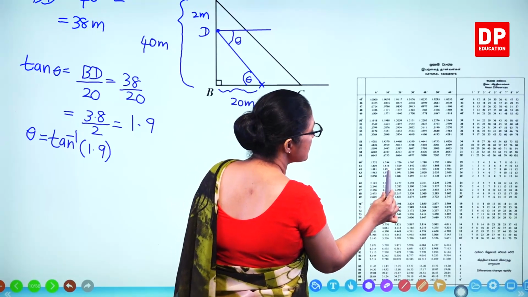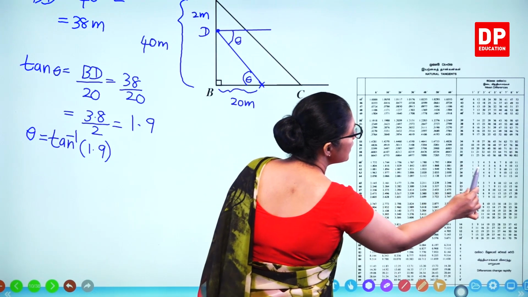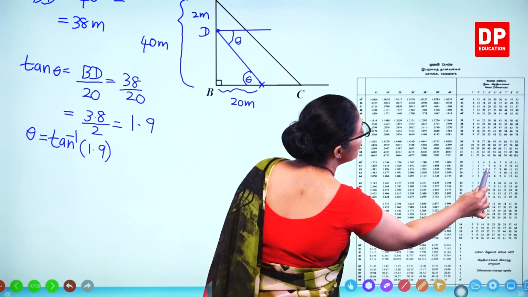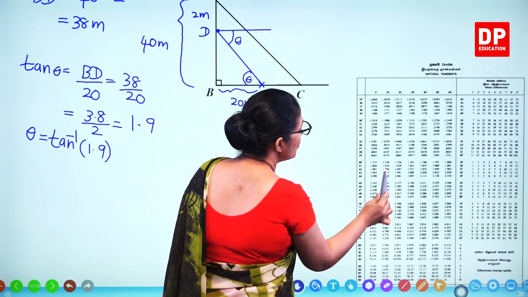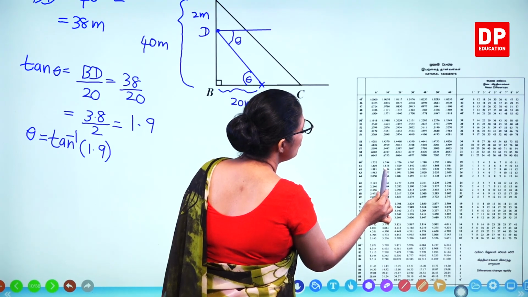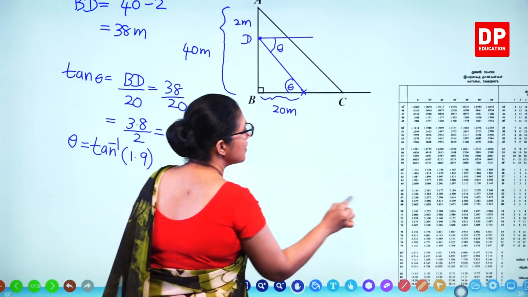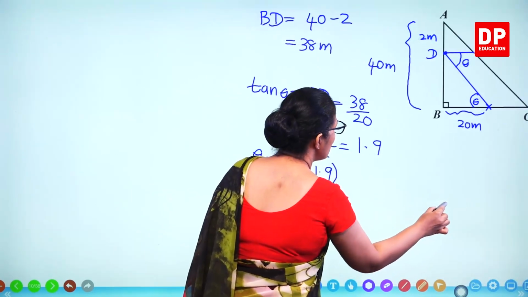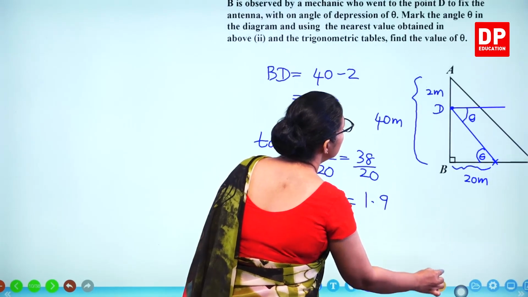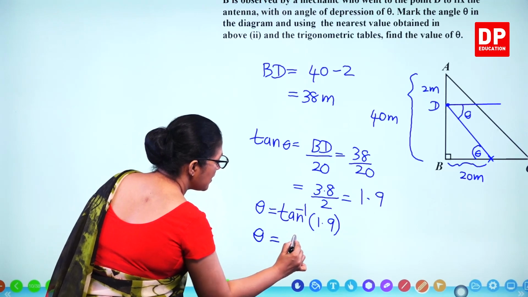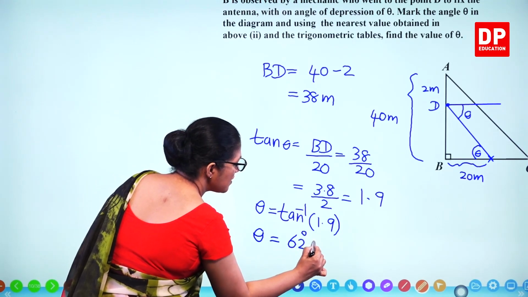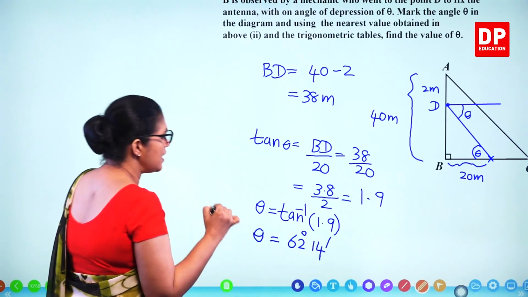You need another 6. So 6 from 4. So 62, 14. 10 and 4. 62, 14 is the final answer. So angle theta is 62 degrees and 14 minutes.